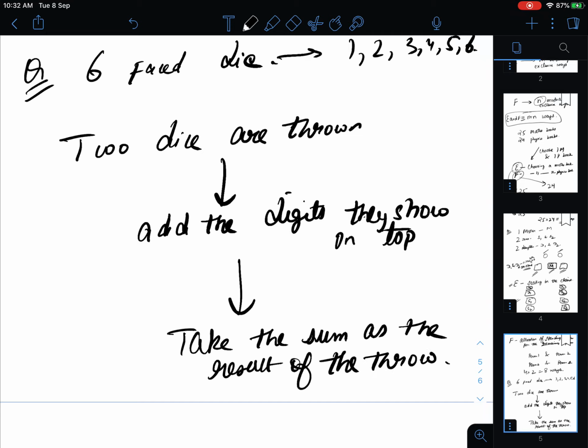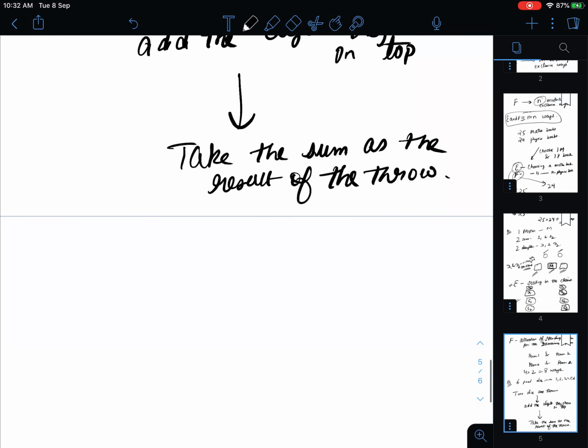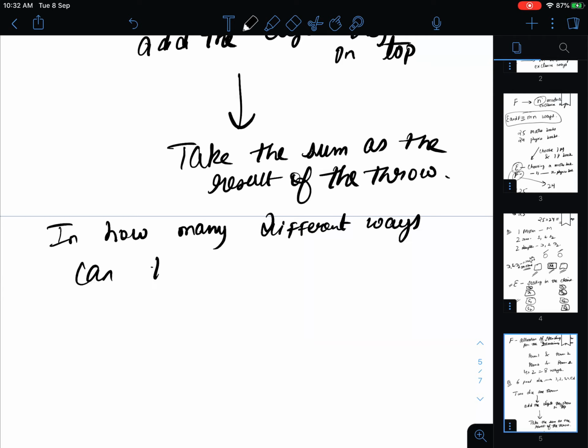The question is, in how many different ways can the following situation happen?